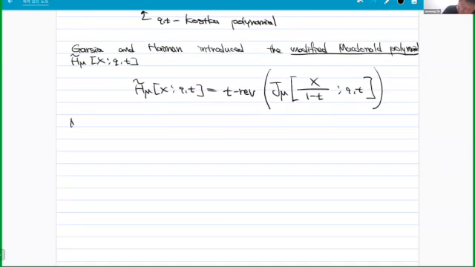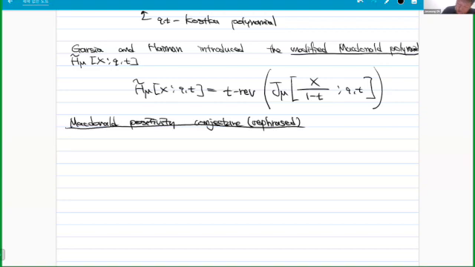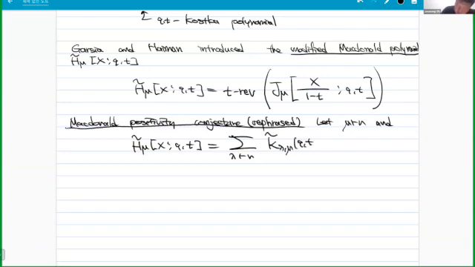The Macdonald positivity conjecture can be rephrased with this modified Macdonald polynomial. Let mu be a partition, and suppose we have the Schur expansion of this modified Macdonald polynomial, and denote the coefficients by K tilde lambda,mu(q,t).